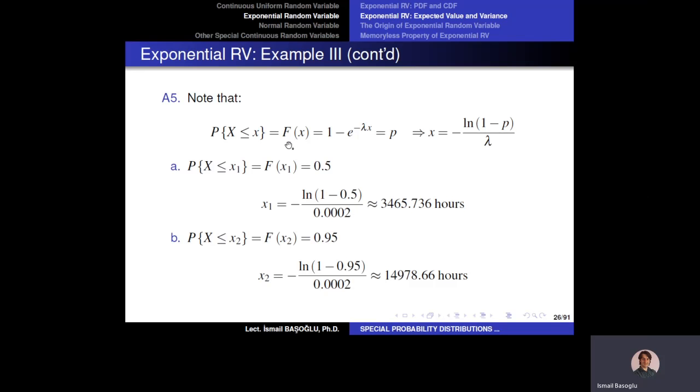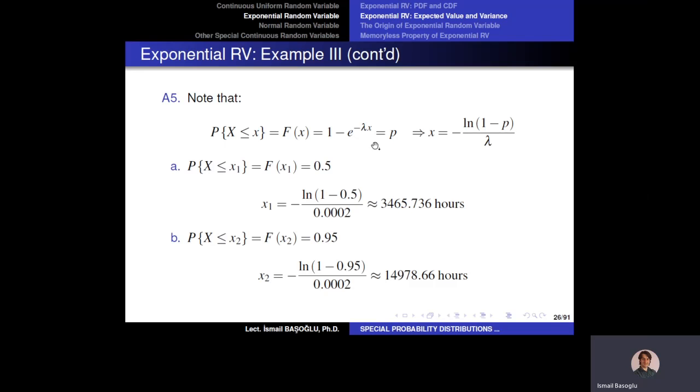If we say the CDF is defined as 1 minus e to the power minus lambda x for exponential random variables, and if this is equal to a certain probability such as 0.5, then we can simply calculate the inverse of it by leaving the x value here and taking everything on the other side. And obviously that is done by using the natural logarithm.